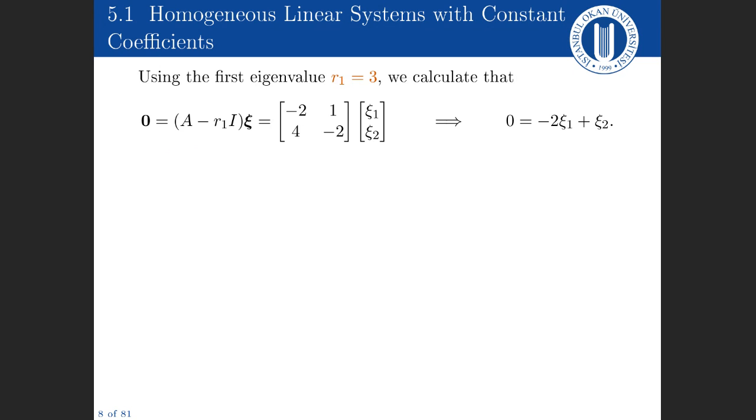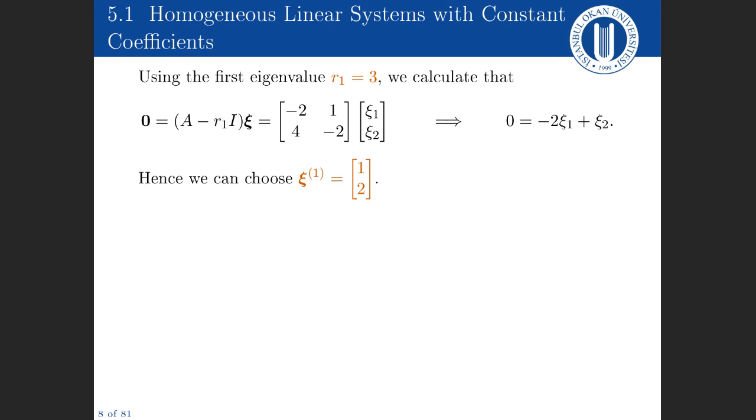And that tells us that we need to have minus 2 xi1 plus xi2 is equal to 0. We can take any vector which satisfies this equation. So I'm going to choose the vector (1, 2).